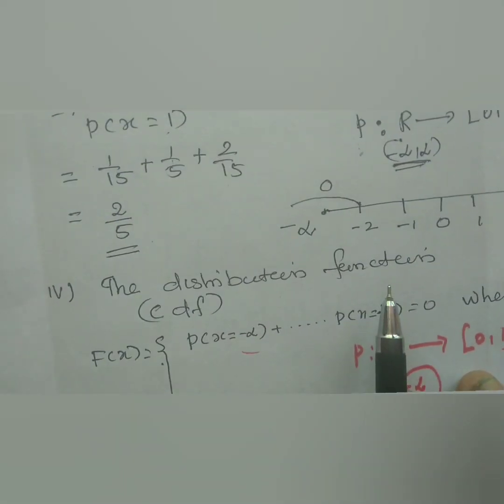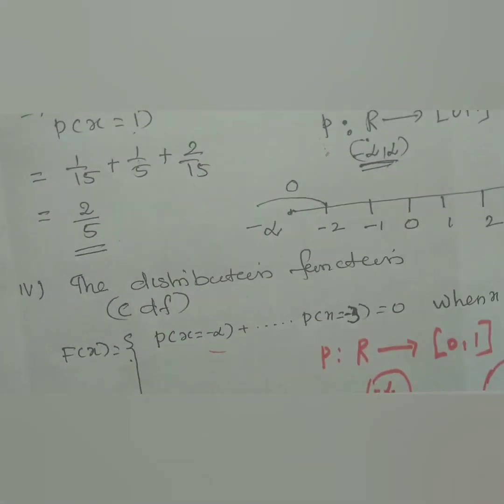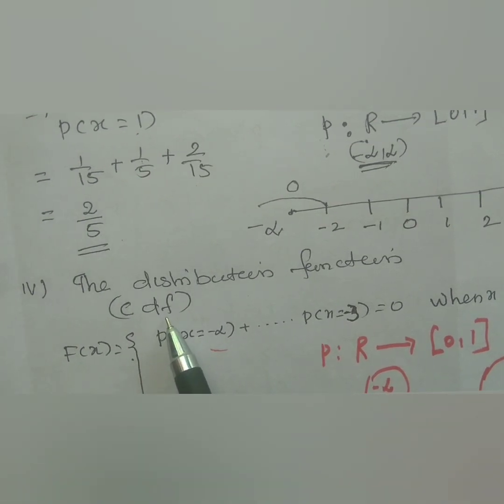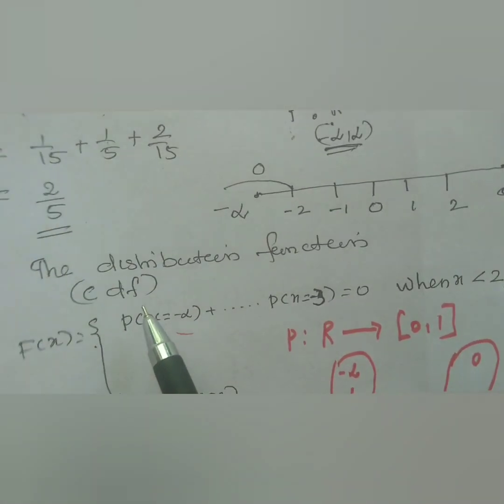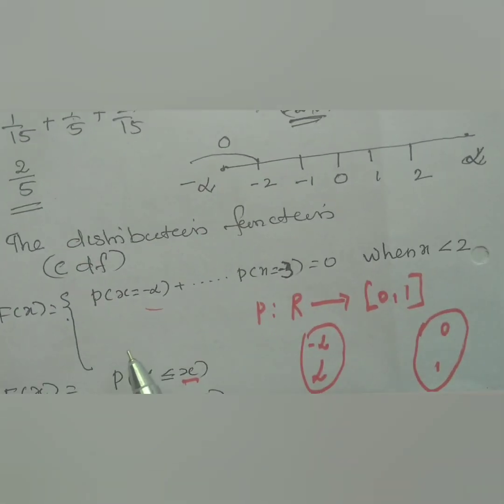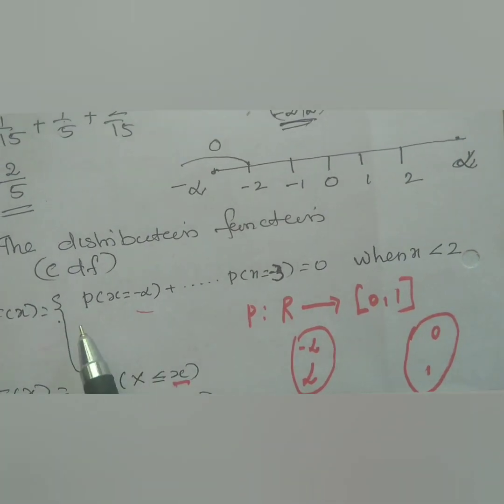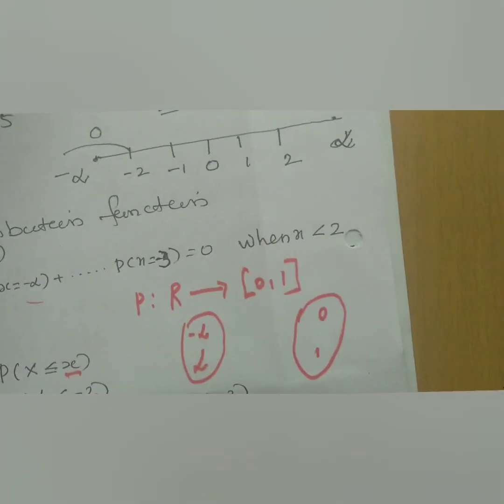Now the fourth one, cumulative distribution function or cumulative density function, CDF. What is the meaning of cumulative? It adds all the back values, that is, previous values. So here we need some explanations.